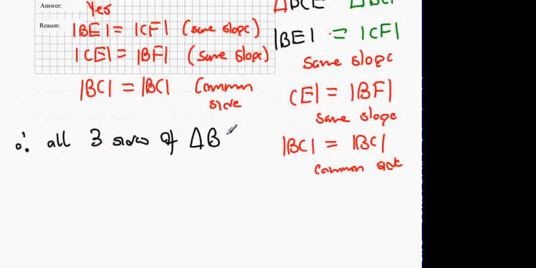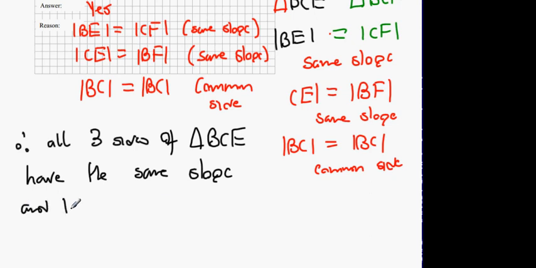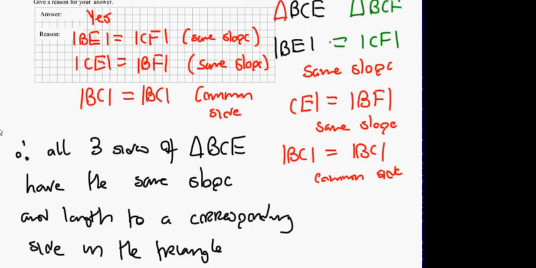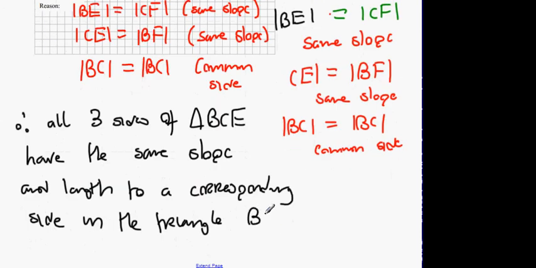Of triangle BCE have the same slope and length to a corresponding side in the triangle. What triangle is it going to be, guys? Triangle BCF. Does everyone understand what I did there?